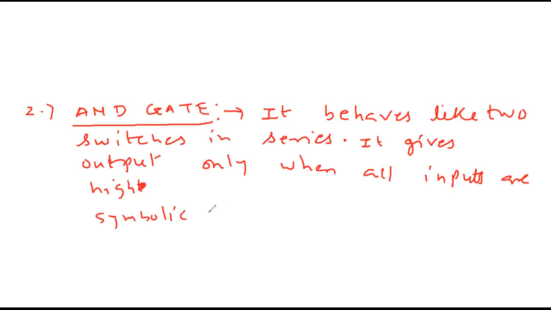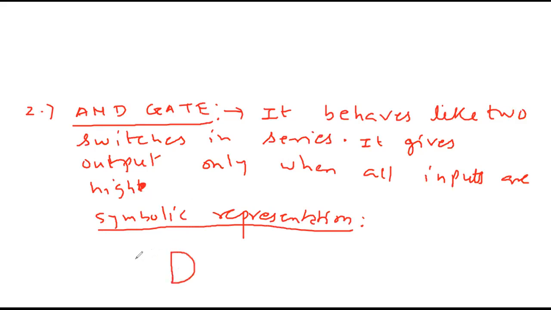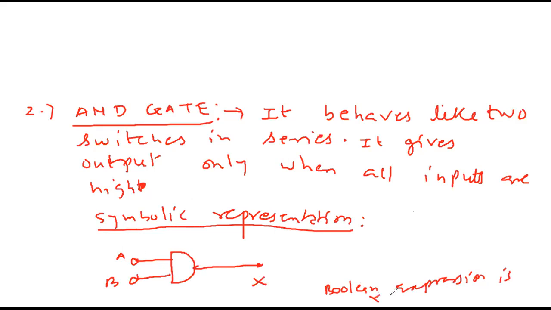Symbolic representation. Two inputs A, B and one output X. Boolean expression is X equals A dot B. It behaves like a multiplier. 0 into 1 is 0, 1 into 0 is 0, only 1 into 1 is 1.